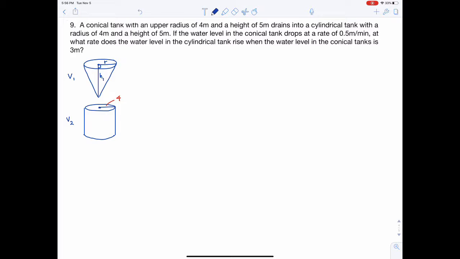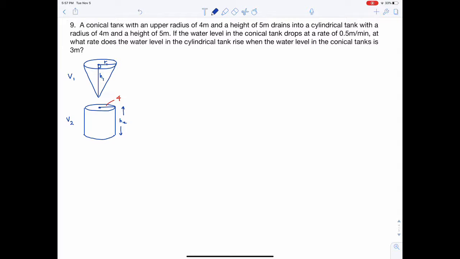The radius, I'll call it R1, just for consistency's sake. And then for the cylinder, this will be height 2, just to differentiate between the two so that it makes sense.